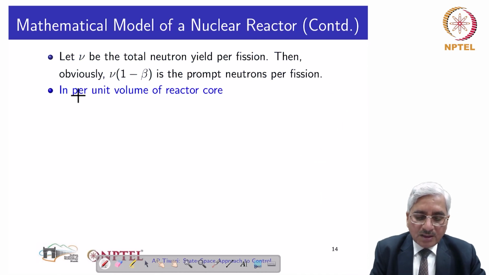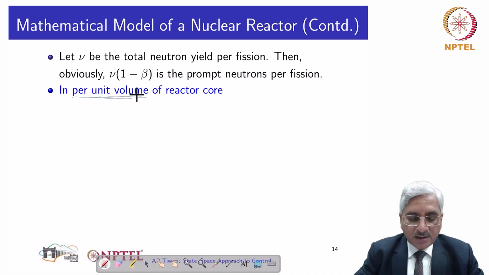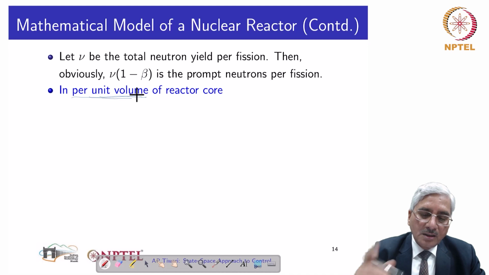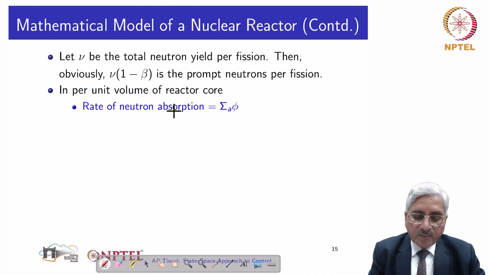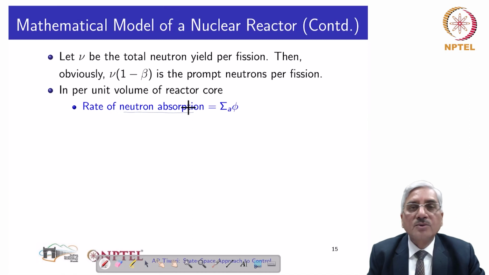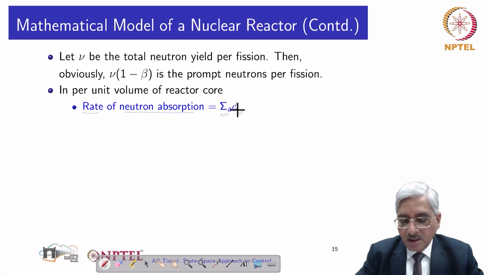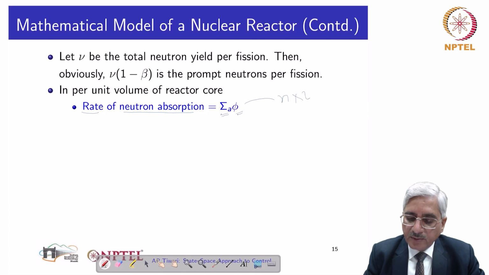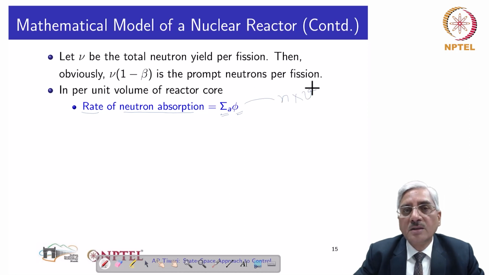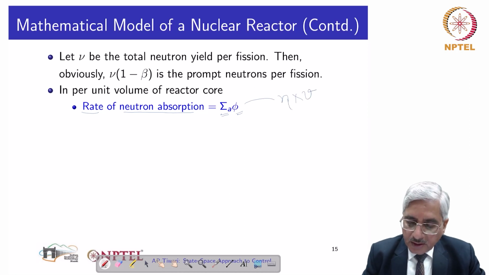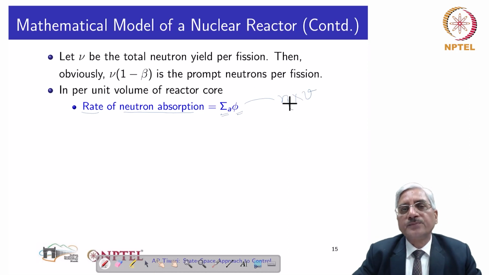Now consider a unit volume of the reactor. In one unit volume of the reactor, neutron absorption is going on, and its rate is given by the neutron absorption cross section times the neutron flux. Neutron flux is neutron density multiplied by neutron velocity. Neutron density we denote by eta in this lecture.